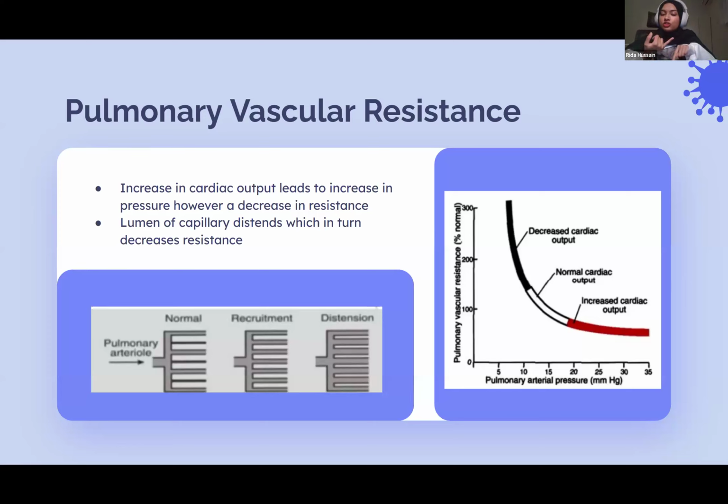So there's more recruitment, there is more distension. So arterial pressure increases. However, because there is more distension, surface area increases, thickness decreases, there is less resistance because since the lumen of the capillary itself has increased, there is less friction between the blood and the walls of the capillary, if that makes sense.